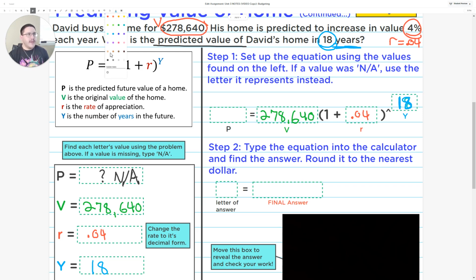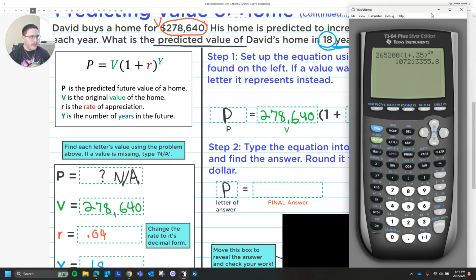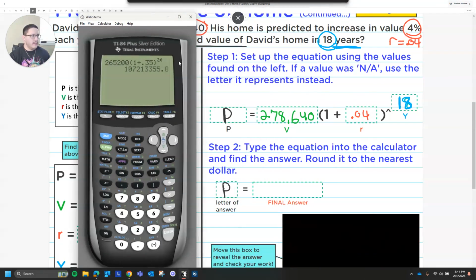We don't have the predicted value, the P value, so that stays the same. All right, so now P equals whatever this is, all plugged into the calculator. So now we're going to plug it in as follows: 278,640, parentheses, 1 plus 0.04, close parentheses, raised to the 18th power.